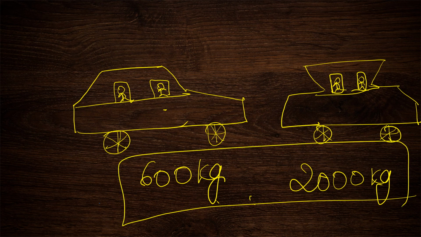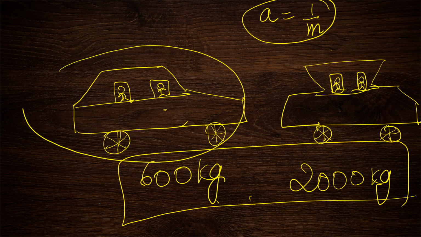Now wait. Since the acceleration produced is inversely proportional to the mass of the car, that is a is equal to 1 upon m, we can say that it is easy to accelerate a car having less mass, the small car, than a big car having a larger mass, by the force of our push.